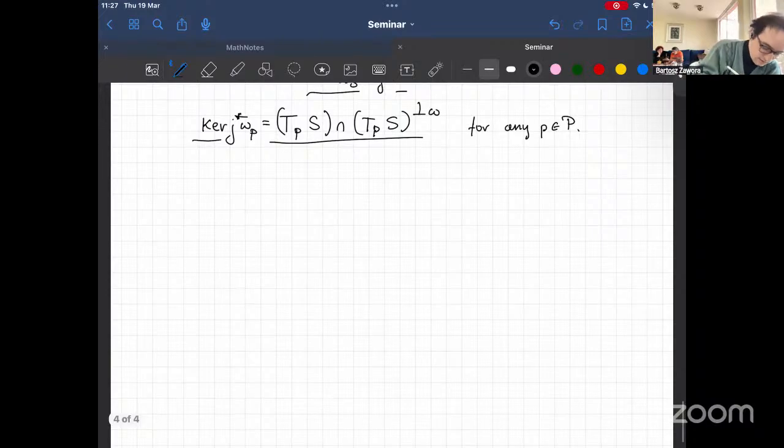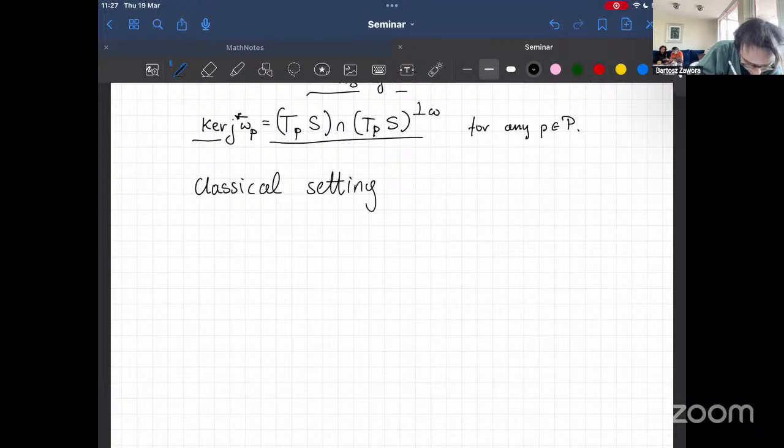Okay, so what the classical setting of Marsden-Meyer-Weinstein reduction is, recall that we have a momentum map J to g star.